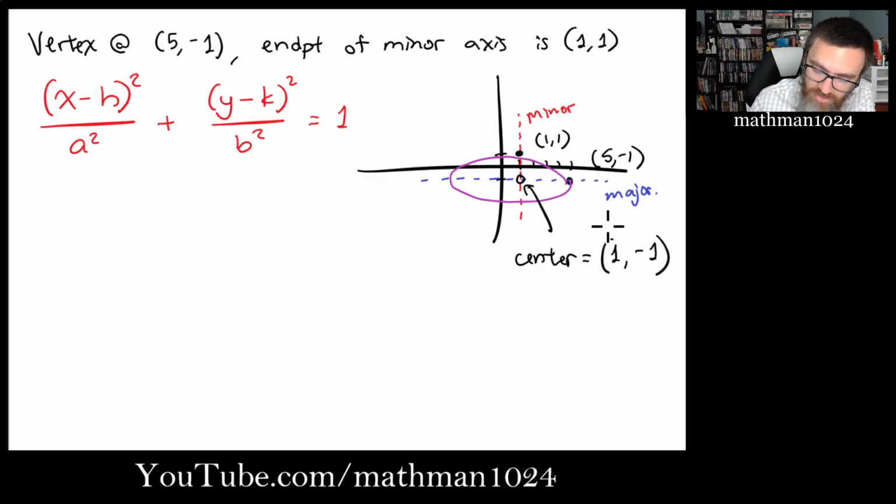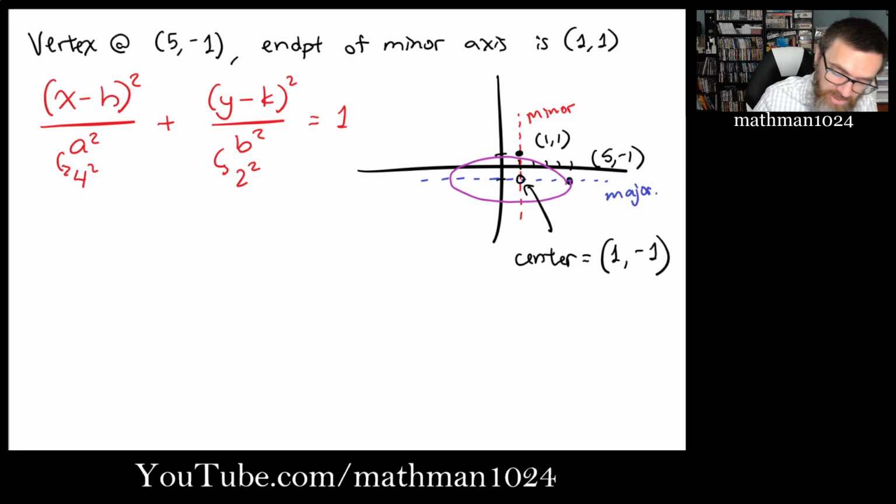So from 1, negative 1 to 5 is 4. So the way that we stretch along the x means that a is going to be 4. And the b is the stretch vertically, so from 1, negative 1 to 1, 1 is 2. So that's going to end up being 2 squared when we work it all out.